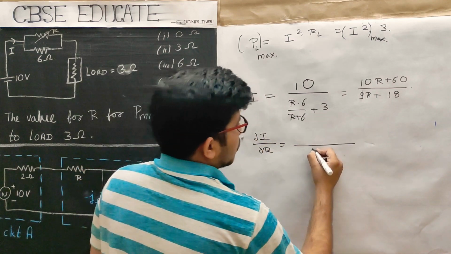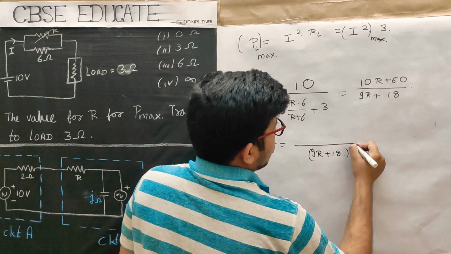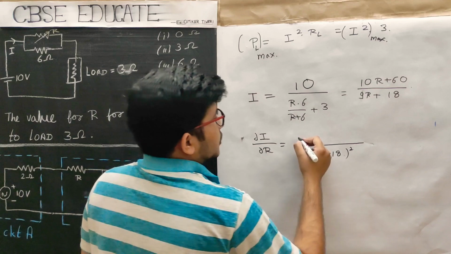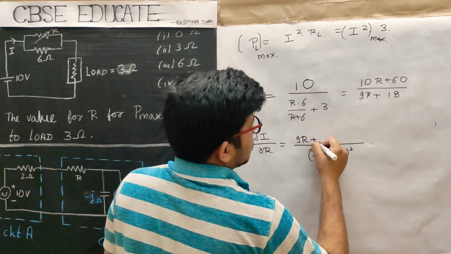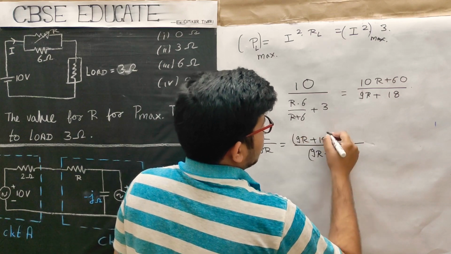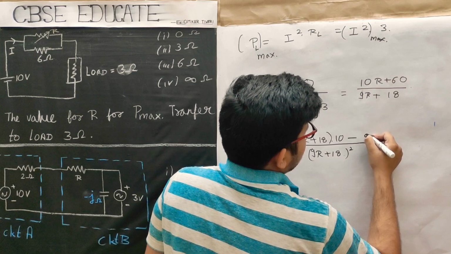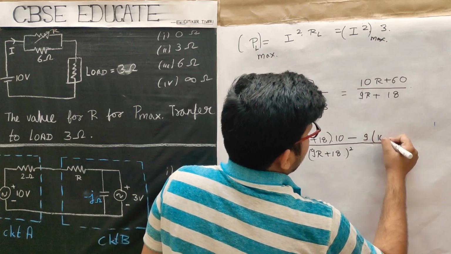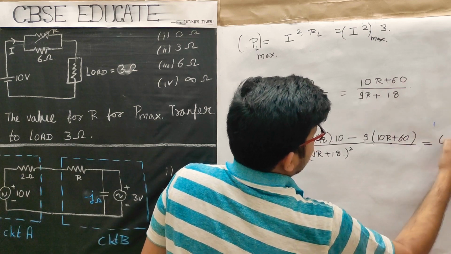Denominator (9R plus 18) whole square, and numerator (9R plus 18) into 10 minus 9 into (10R plus 60), and this whole is 0.